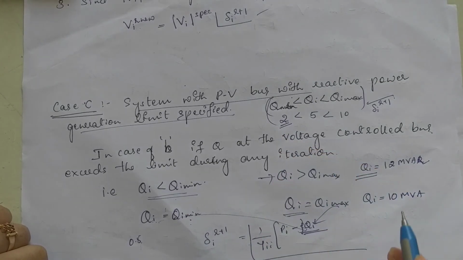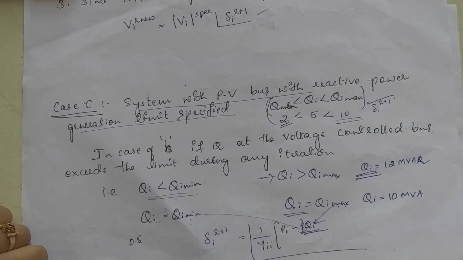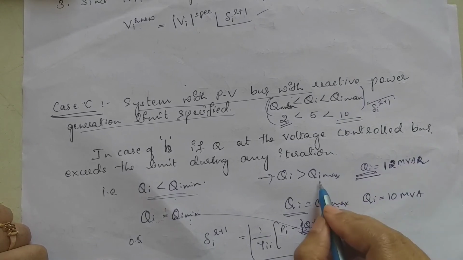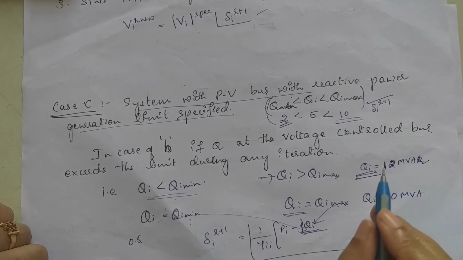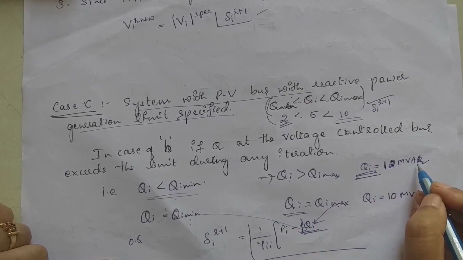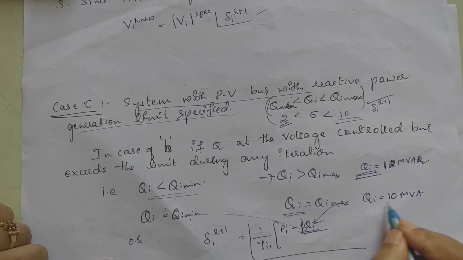Suppose Qi calculated is more than 10 MVAR, say 12 MVAR, so Qi is greater than Qi maximum. In this case, you are not supposed to take Qi equal to 12 MVAR. Instead, you have to take Qi equal to Qi maximum, that is 10 MVAR.